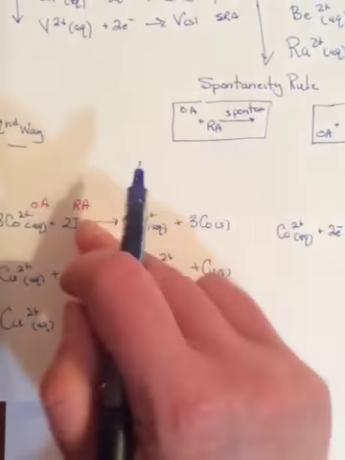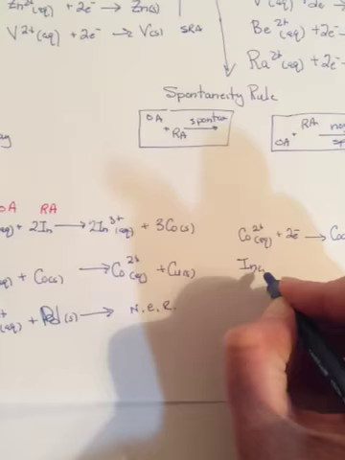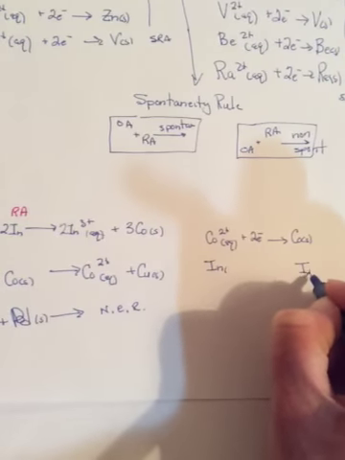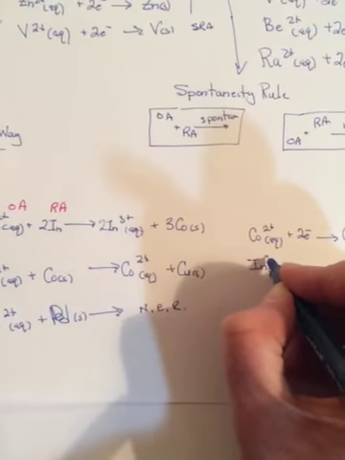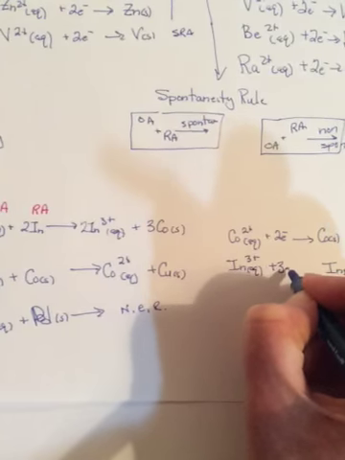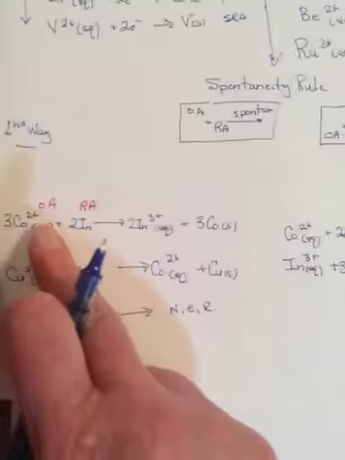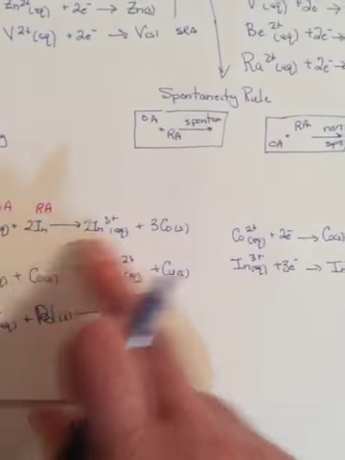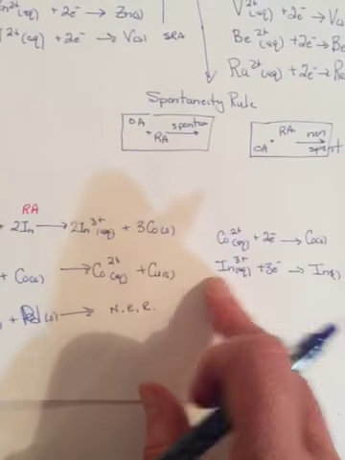And the RA has to be below it, so it will be In solid, which has to go over here because this is where the RAs are. And on this side, it'll be In3 positive aqueous plus 3 electrons. Okay, so the RAs go on the RA side, the OAs go on the OA side, but the RA has to be below it. Notice I dropped the 2's. You wouldn't put 2 and 2.